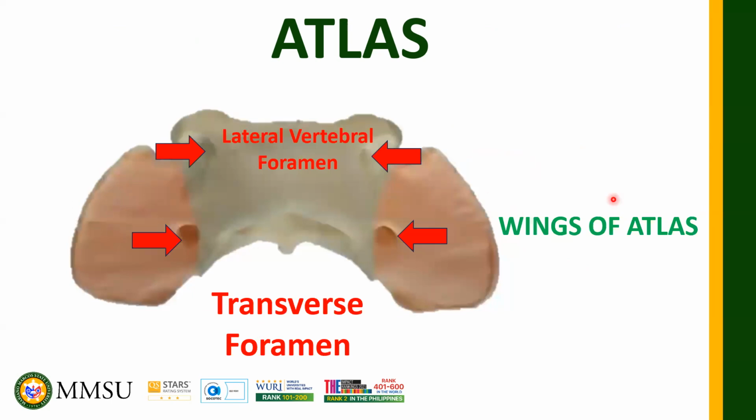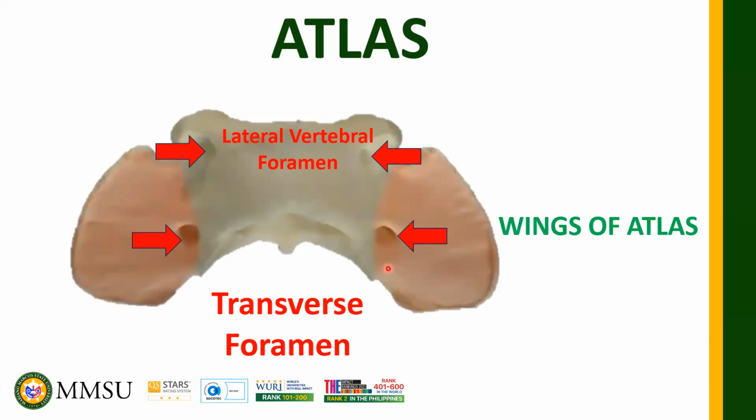So as what I have said kanina, the atlas wala siyang spinous process, but then it usually has a transverse process which extends laterally from the main ring-like structure. So etong mga transverse processes, they usually provide attachment points for various muscles, including those which are responsible for neck movement and stability. Then we have the transverse foramen.